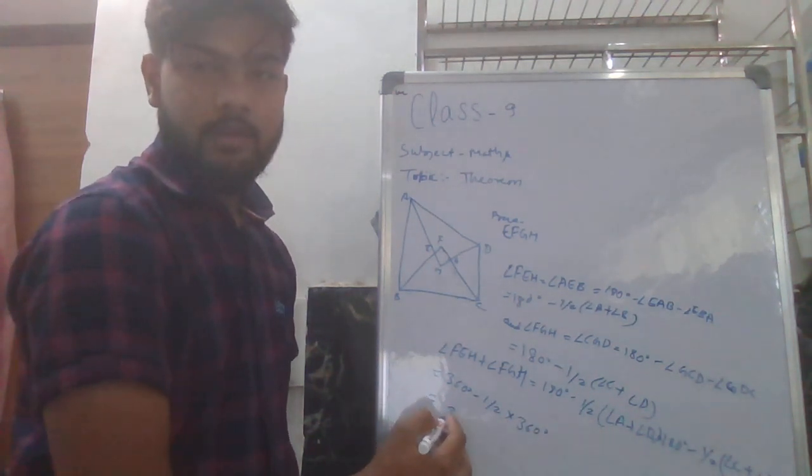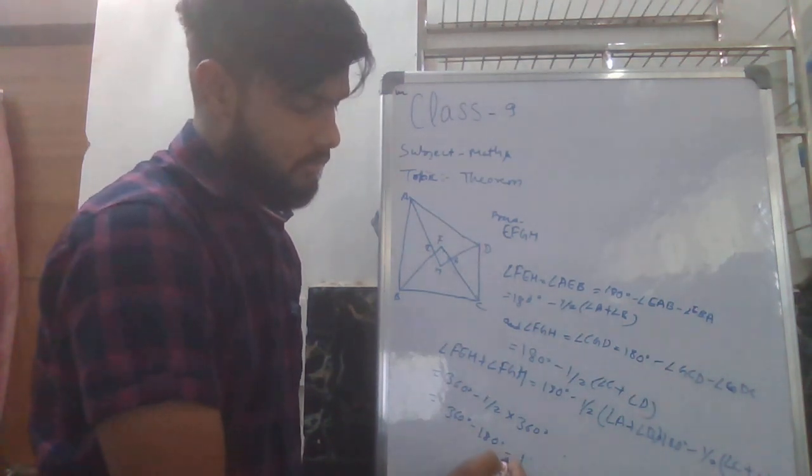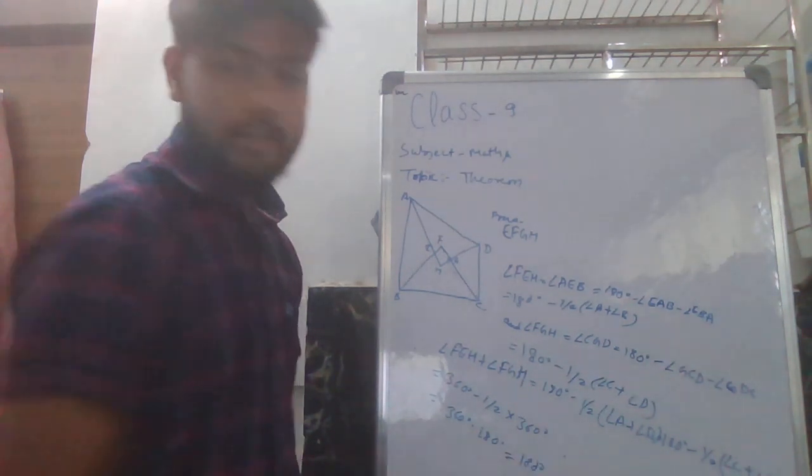After that it will be 360 degrees minus 1/2 into 360 degrees. So it will be 360 degrees minus 180 degrees, which is equal to 180 degrees.